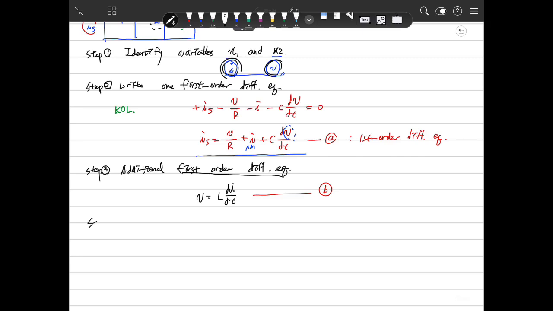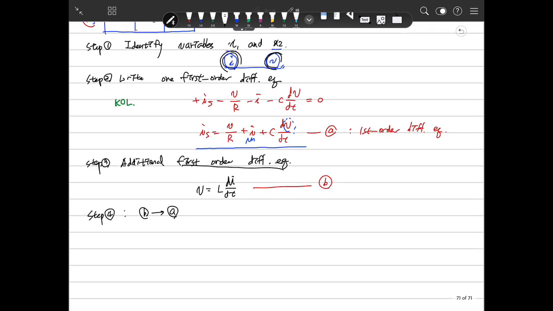Then next, step 4. Substitute the B into A. So IS is V over R plus I plus C dV/dt, and V is L dI/dt.